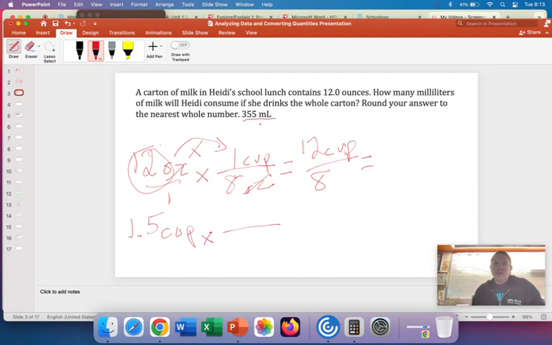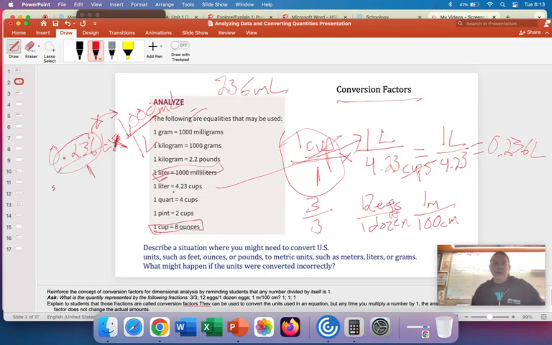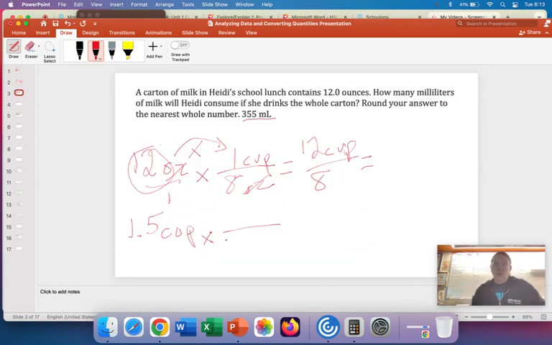So we can do a whole string of these conversions to get to milliliters. Now I can relate cups to liters. So 1 liter is 4.23 cups. Cups will cancel. 1.5 times 1 would be 1.5 liters divided by 4.23.